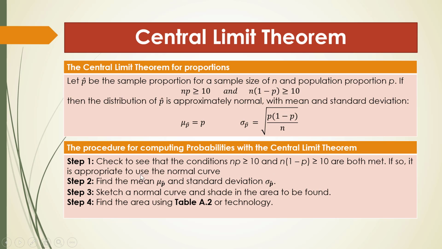Step 2. Once the conditions are met, we compute the mean and the standard deviation of the sample proportion, mu of p hat and sigma of p hat. Step 3, we draw the normal curve and shade the area to be found. And step 4, find the area using table A2 or technology.